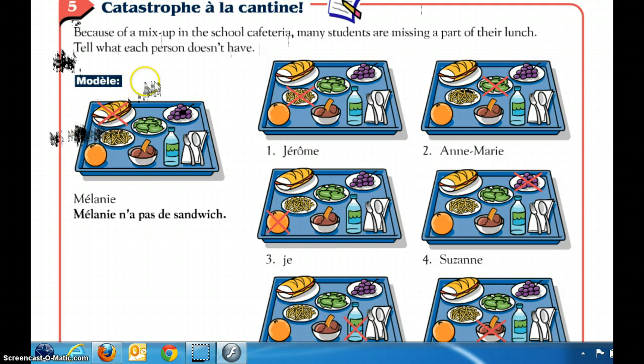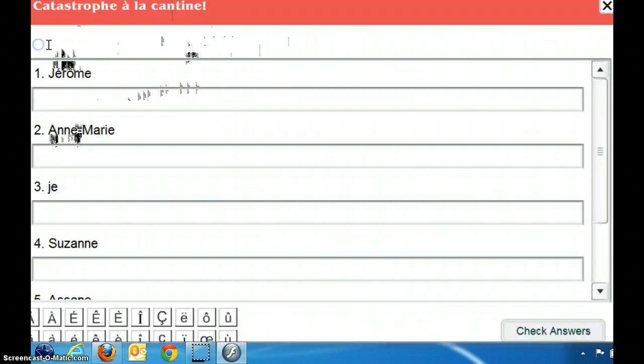All right, let's try number 1. Here we have Jerome. And there's an X through a plate of fries. So let's type it. We would say, Jerome n'a pas de frites.